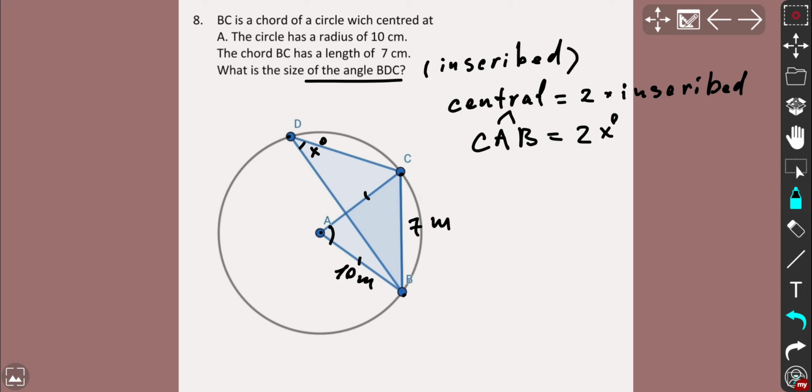The first way is to consider triangle ABC. It's isosceles, so the 2 lateral sides are the same, the 2 angles at the base are the same, and the base is 7.